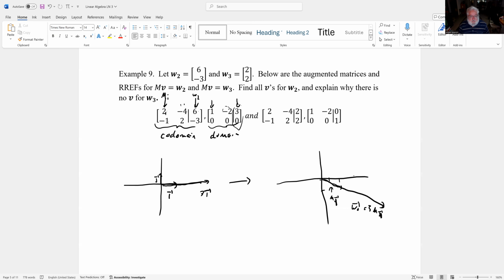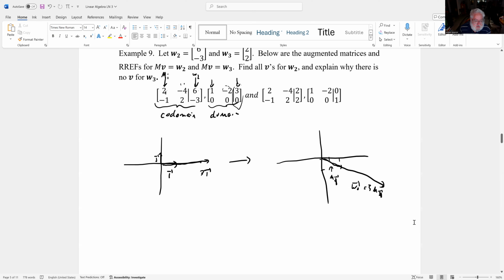So what are all the possible vectors here? Well, we know that W2 equals 6 minus 3. Oh, hang on one second. Let me check my notes. Okay, so what do we know?